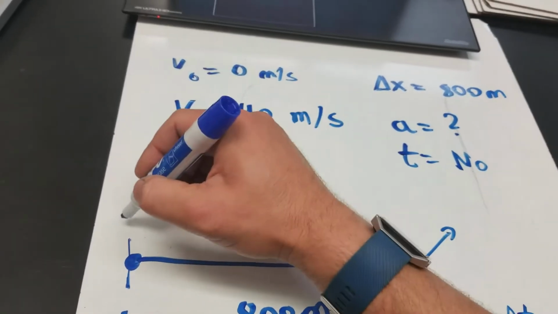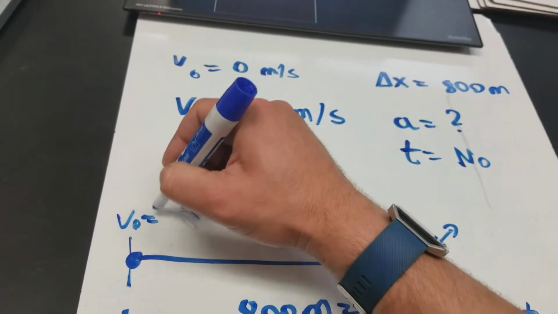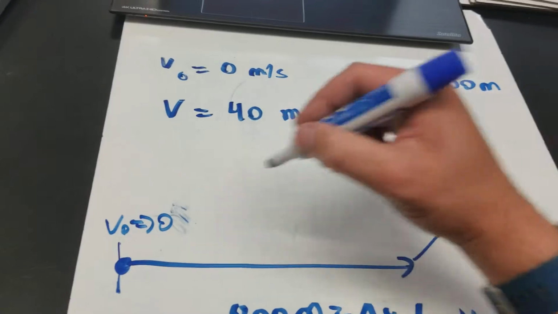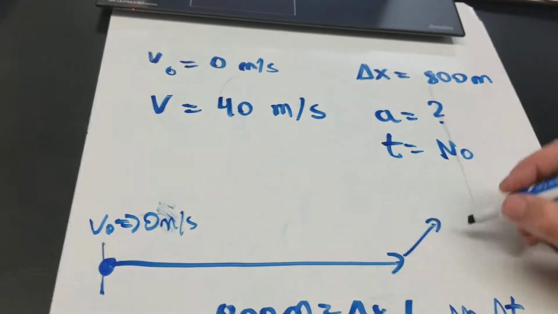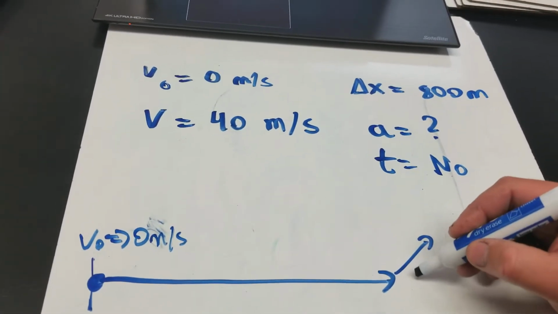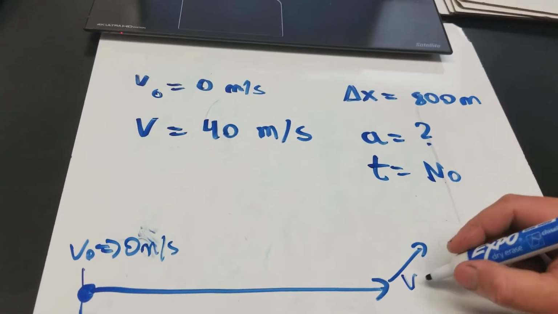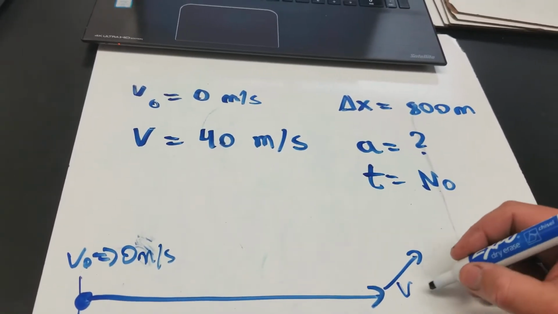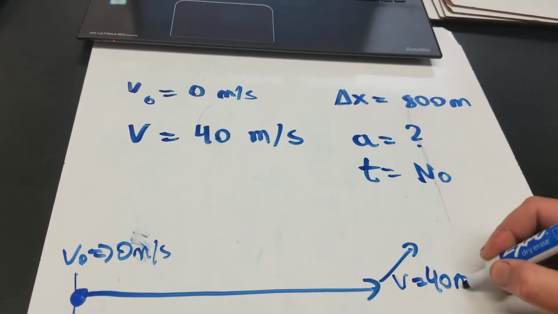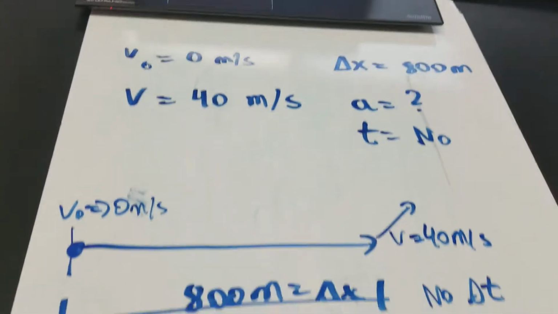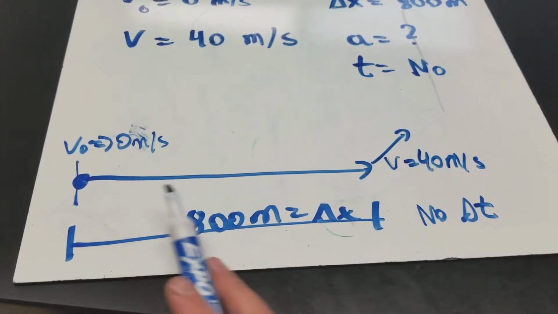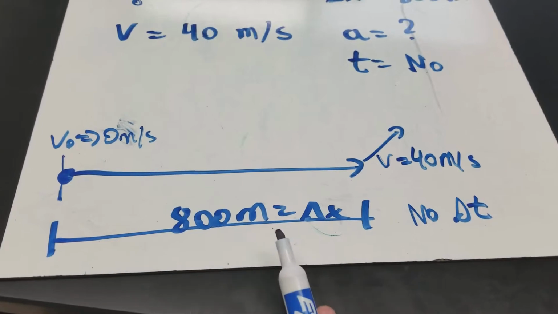And I know that the original velocity with which it launches is 0 meters per second. But when it gets over here, right before it starts taking off, it must have a velocity of at least 40 meters per second. That means it needs to get from 0 to 40 meters per second in 800 meters.